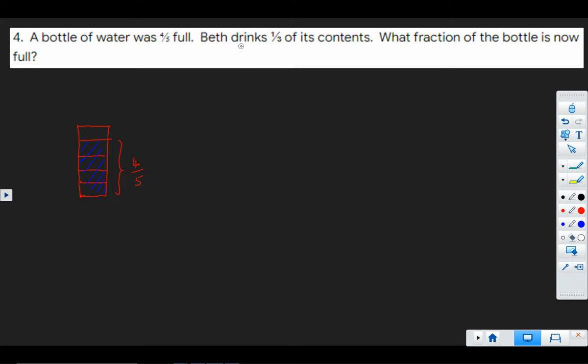And Beth drinks 1/3 of its contents. So this is going to be 1/3 of 4/5. Now we should remember here that our of is going to be indicating a multiplication. So we've got some fractions multiplication to do, but let's just check what we're asked.